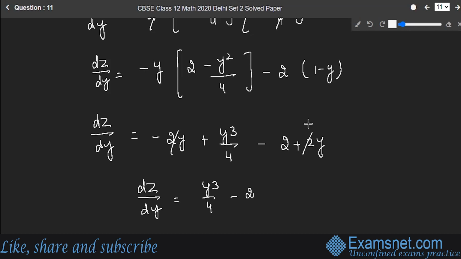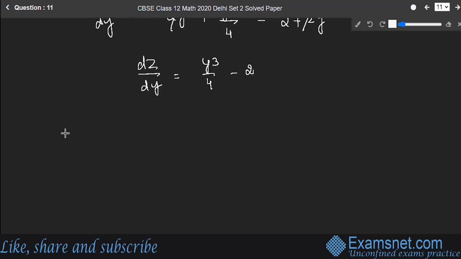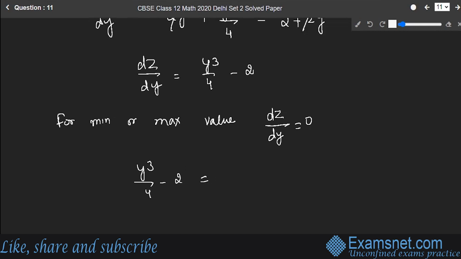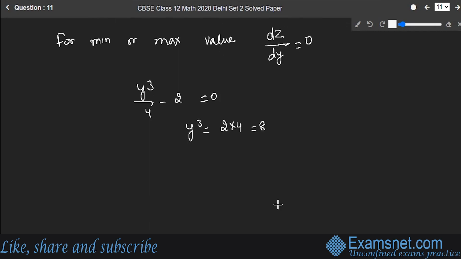Now, for the minimum or maximum value, dz upon dy should be equal to 0, which means y cube upon 4 minus 2 should be equal to 0, or y cube should be equal to 2 into 4, which is 8, which gives you the value of y is equal to 2.